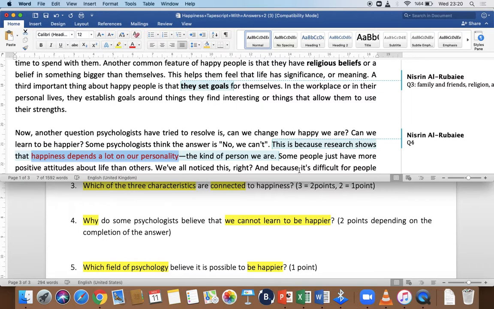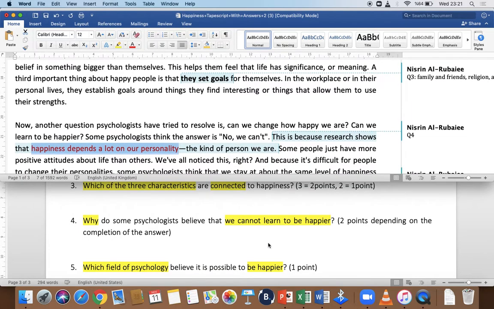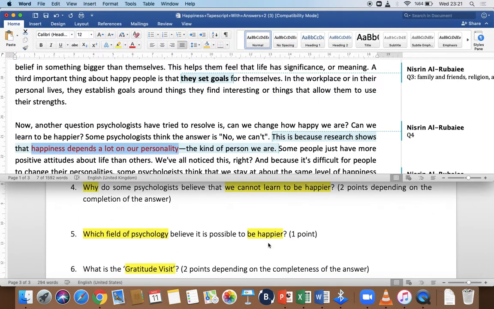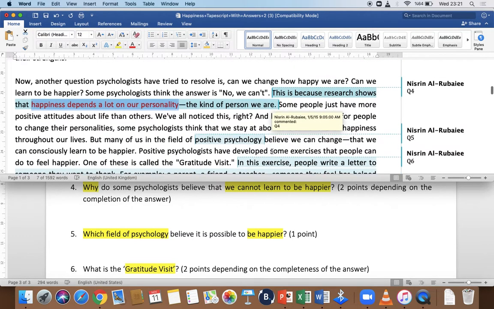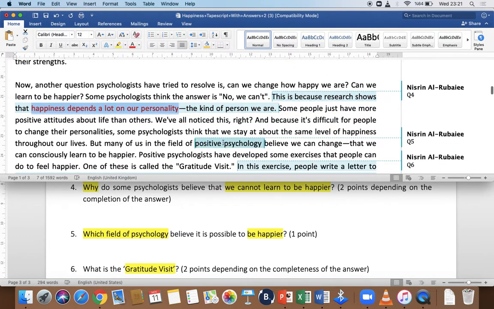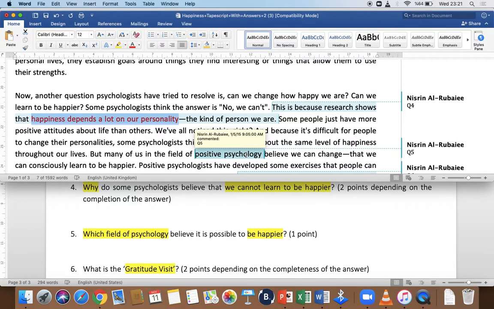If our personality is not relevant to be happy, then we are not happy. And next question, which field of psychology believes it is possible to be happier? Of course, it is positive psychology. Positive psychology says that we can learn to be happier.